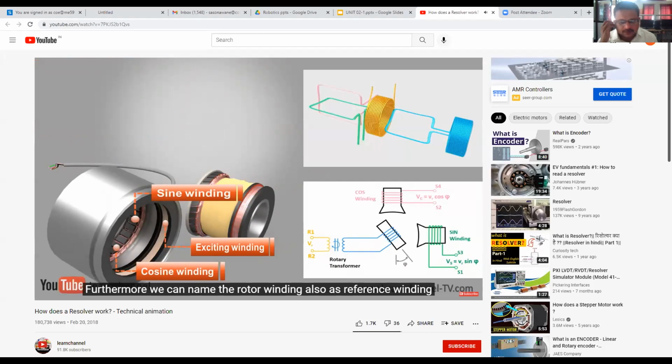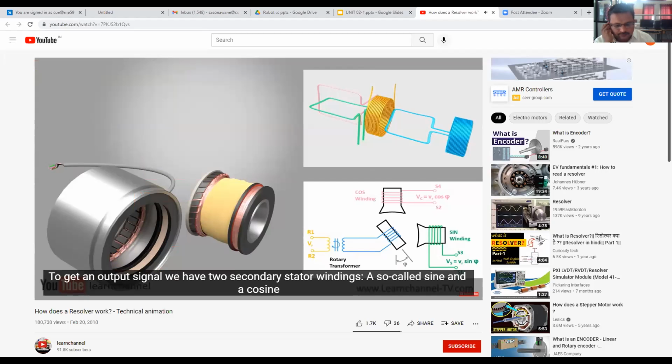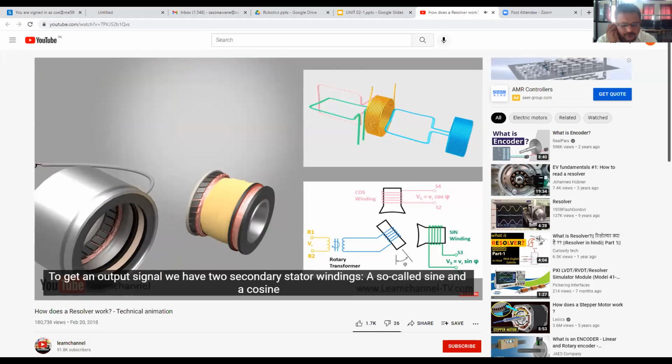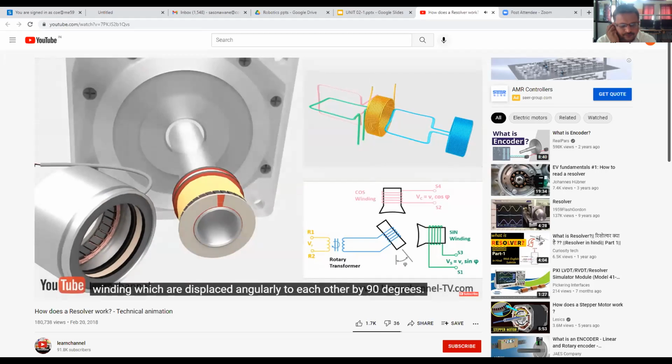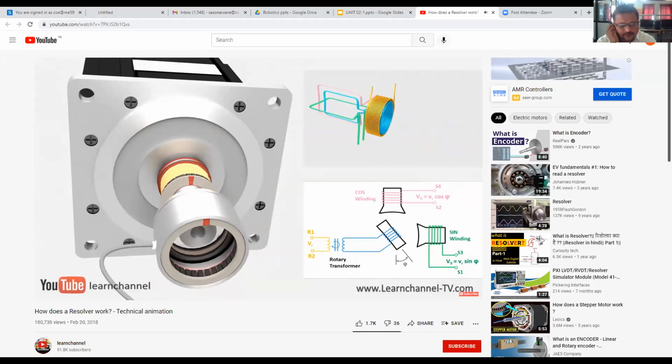Furthermore, we can name the rotor winding also as the reference winding. The relative magnitudes of the sine and cosine voltage are measured to determine the angle of the rotor relative to the stator. To get an output signal, we have two secondary stator windings, a so-called sine and a cosine winding, which are displaced angularly to each other by 90 degrees.